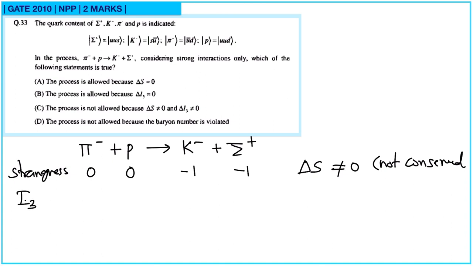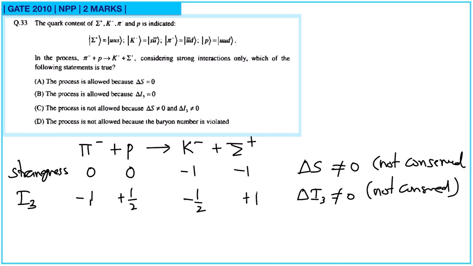And then I3 is the Z component of isospin. Now for I3, for pi minus it is minus 1, for proton it is half, and for the products it is minus half and plus 1. So here this is also not conserved. So delta I3 is also not equal to 0 and it is not conserved.